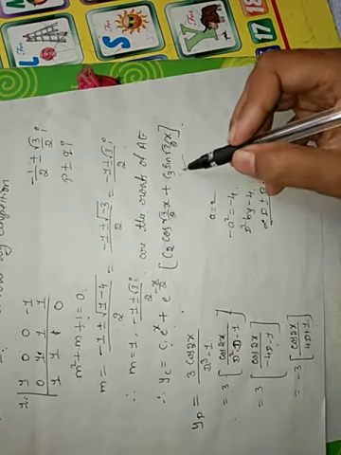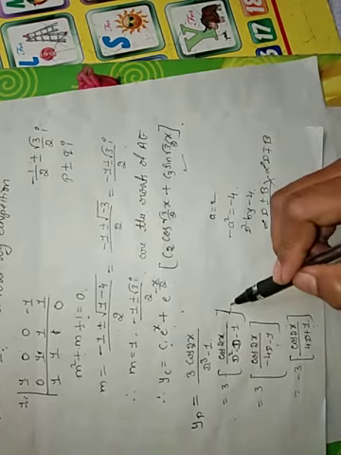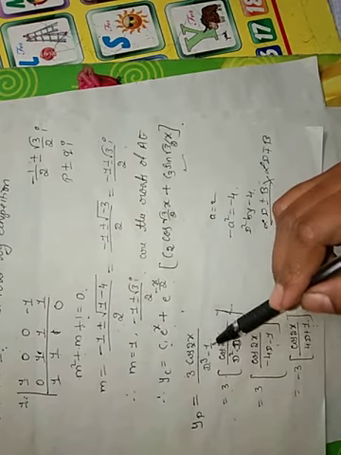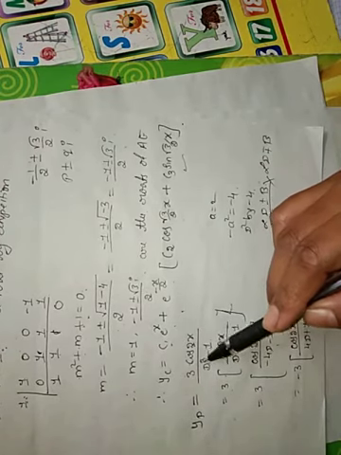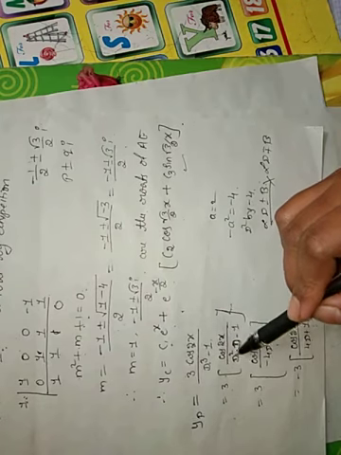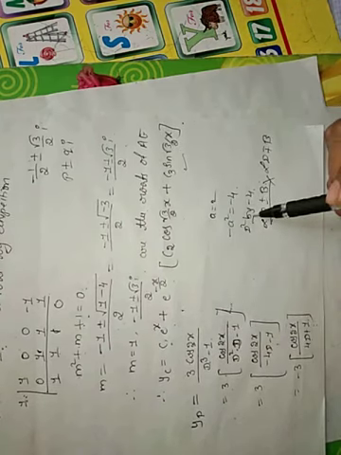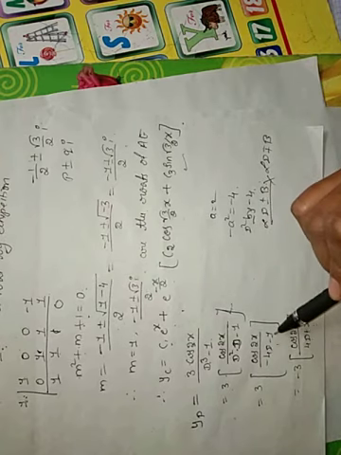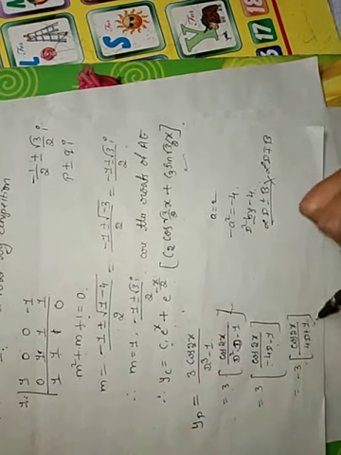When we get the complementary function, go for the particular integral: 3 sin cos 2x divided by D cube minus 1. Split D cube as D square into D. So a is equal to 2. Replace the D square by minus 4. So we get the equation minus 4D minus 1. Take out the minus sign common.